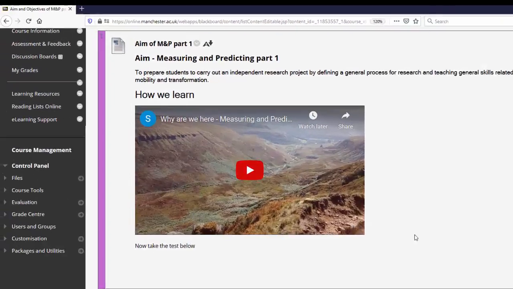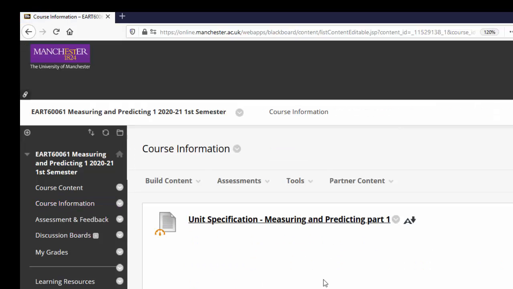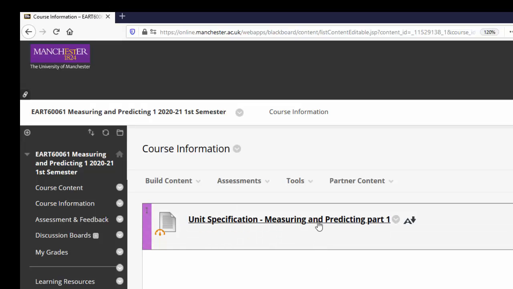We can go to the course information if you haven't done this already, and you'll find the unit specification, which might help in understanding the terms that we're using.